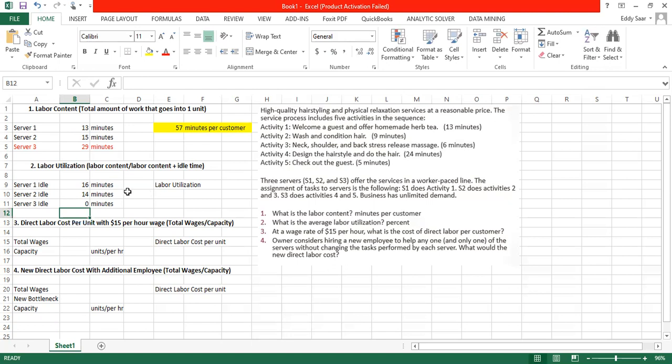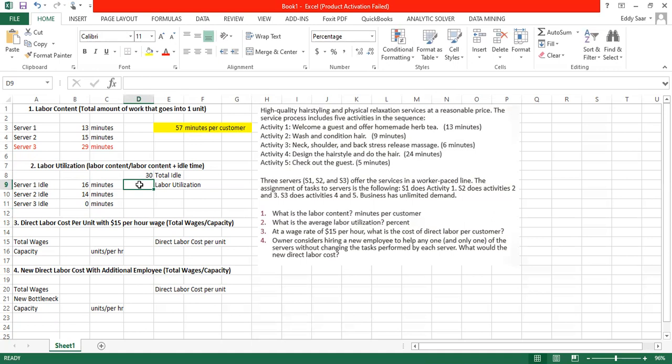Now that we have the idle times of the resources, we know the total idle time. You just add these 3 together, and it gives you 30 minutes total idle.